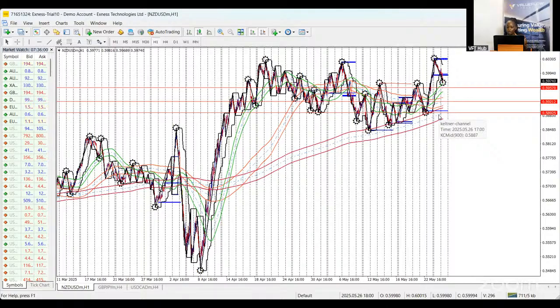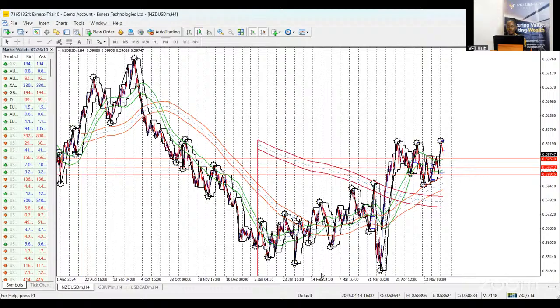So I hope you understand why you mark out these different points of interest, right? They serve as a cushion that should either hold price or price should break below, retest, and continue downward, right? So yes, as a quick recap for the sake of those of us that just joined us, what I'm seeing on NZD-USD, looking at our most recent price action, price has been buying, and we expected price to retrace into certain levels.